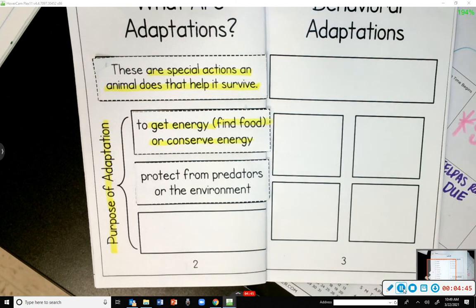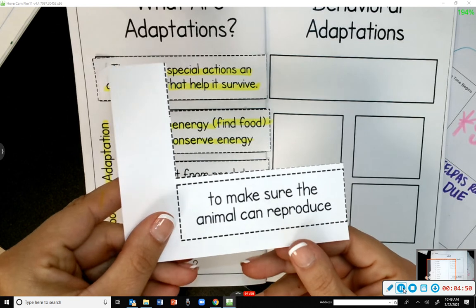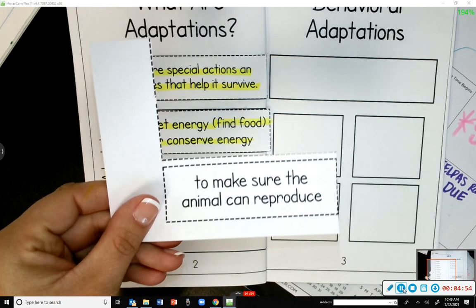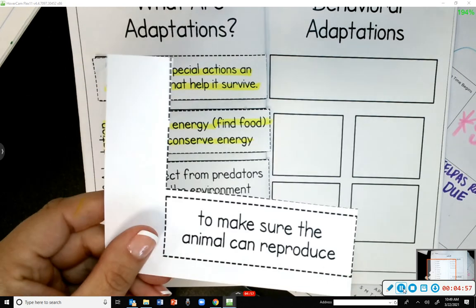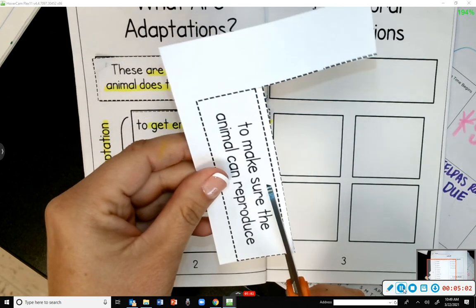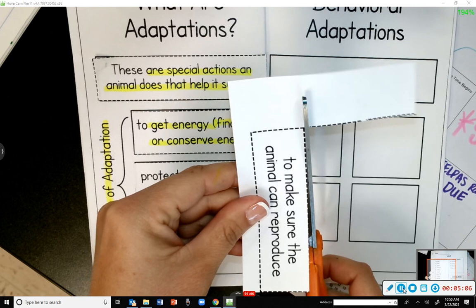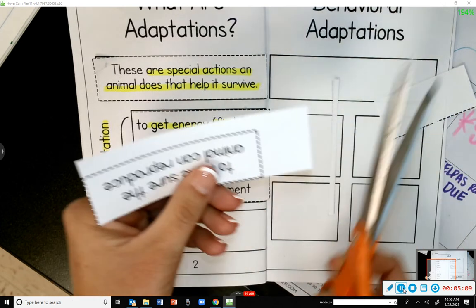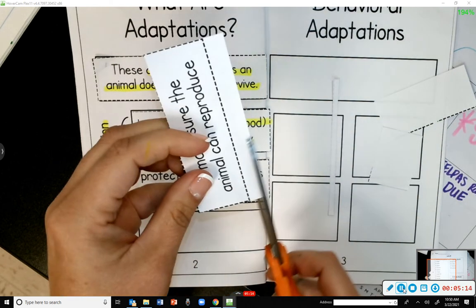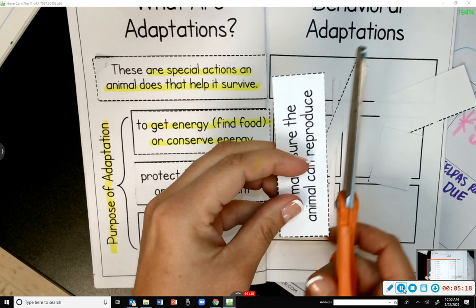Okay, and then you should only have one more little box left. So the last reason is to make sure the animal can reproduce. What does reproduce mean? If the animal is reproducing, then that means they're making more of itself. They're having babies. Animals need to be able to reproduce, otherwise the animals will go extinct, right?